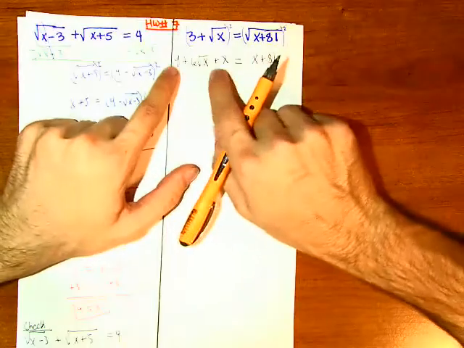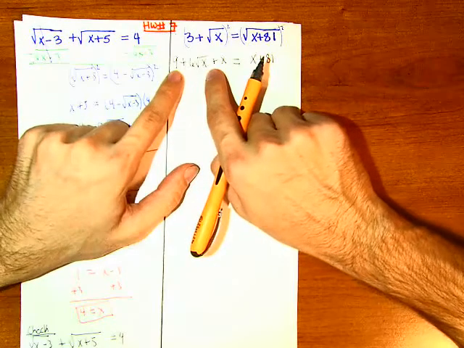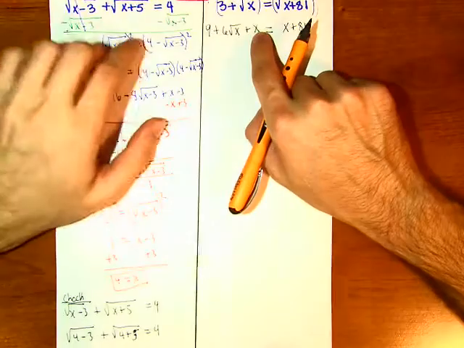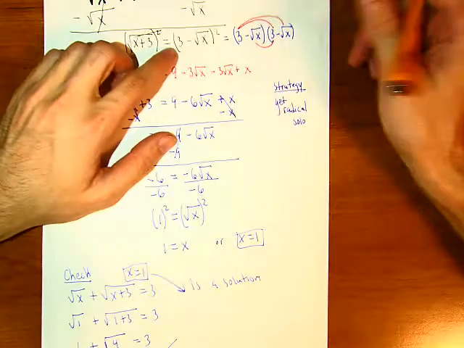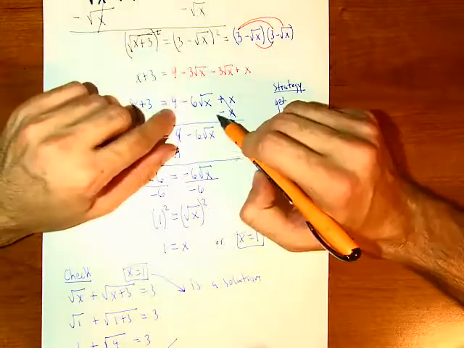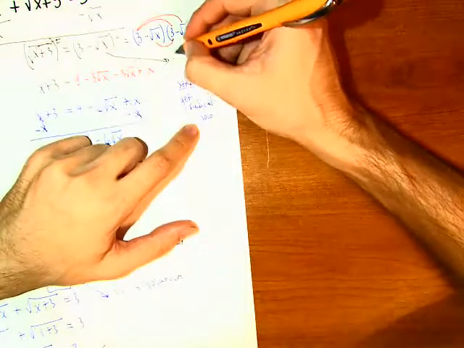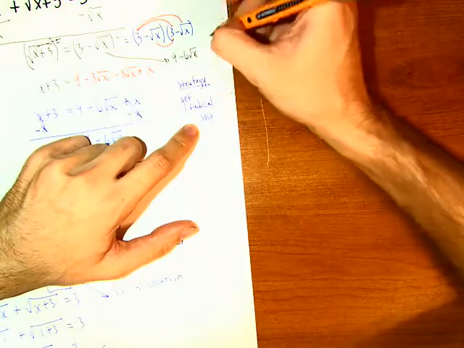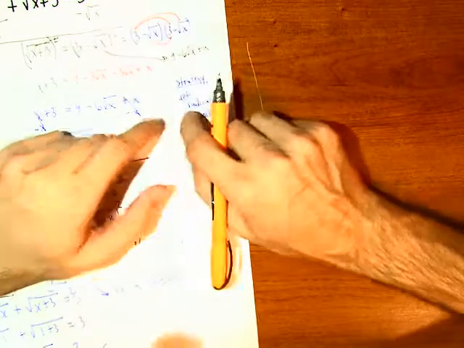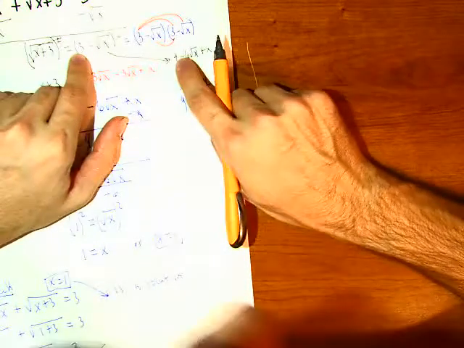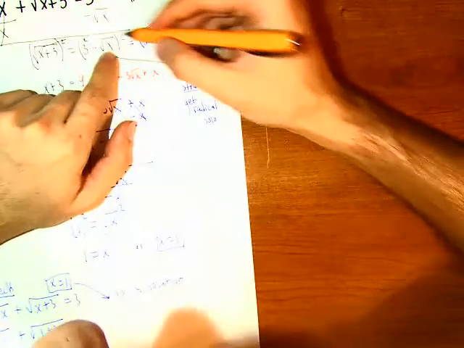And if you're thinking, Mister, how do you know to do it so fast? When we did this problem, for example, notice that this was equal to 9 minus 6 root x plus x. And the way you have to look at it is, how do you get this 9? Well, it's this squared. How do you get this x?